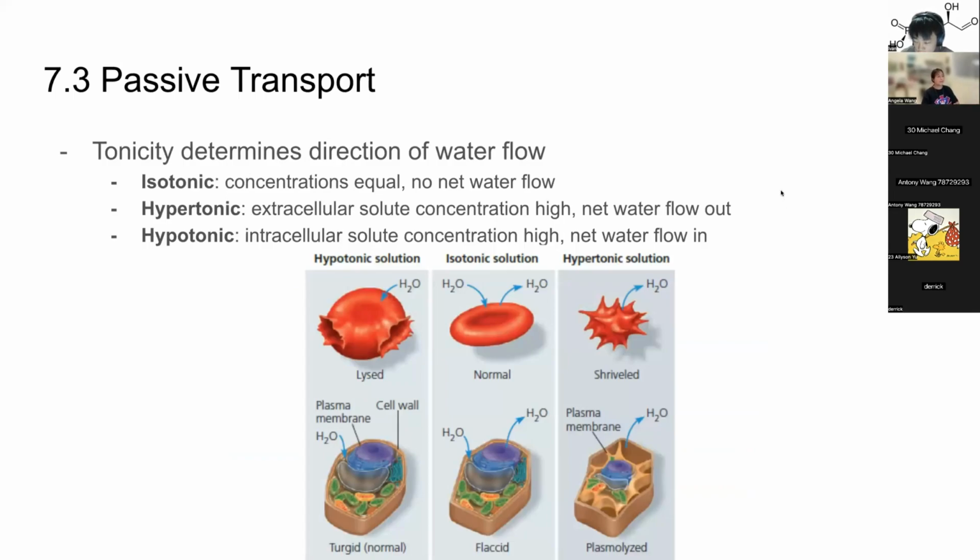So the tonicity of the environment often determines the direction of water flow. In an isotonic environment, the concentrations of the intracellular and extracellular environments are equal, so there is no net water flow. However, in a hypertonic situation, the extracellular solute concentration is higher, and the water flows out.